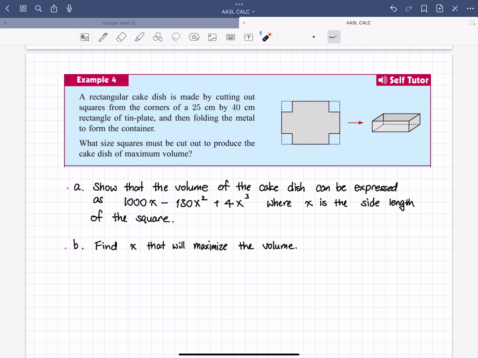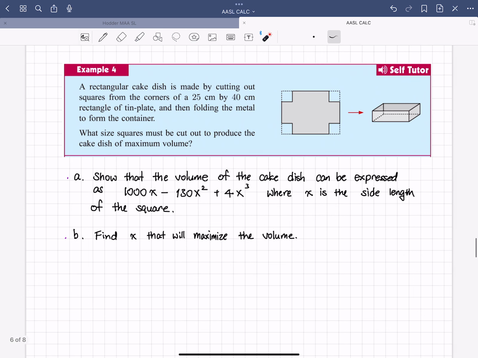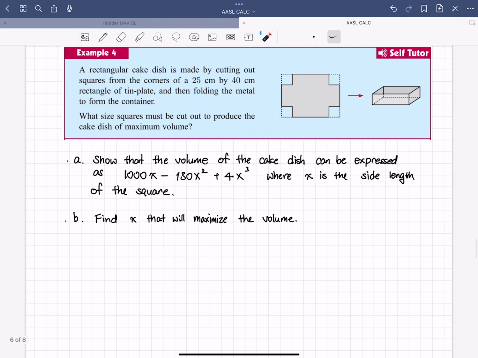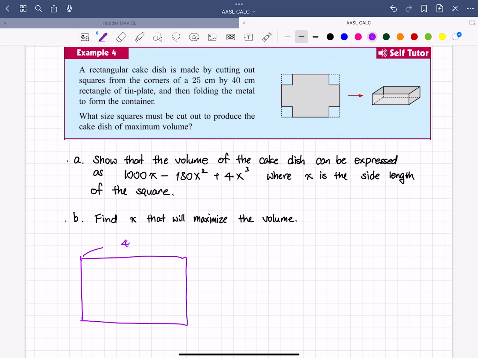So that's the question. It says show that this is the volume of this box, where x is the dimension of the square. Okay, so I'm going to show that. So here, I'll draw the same picture, and that's 40, and this is 25.